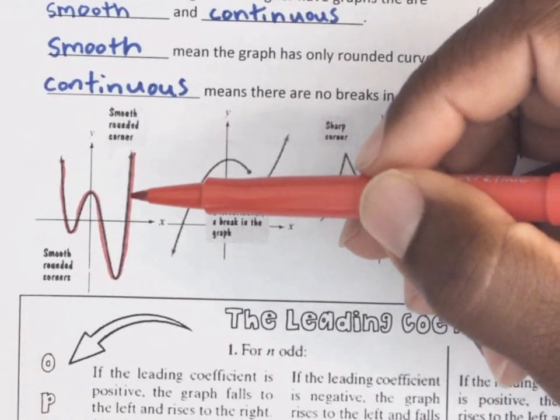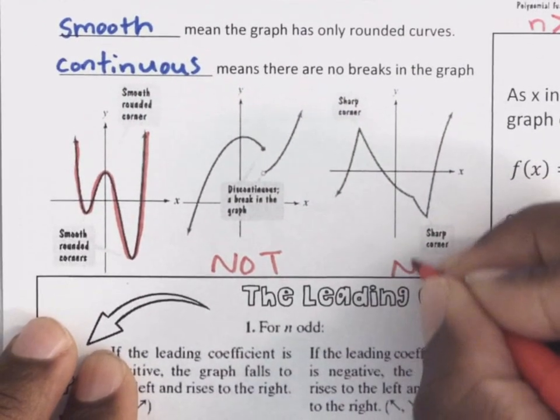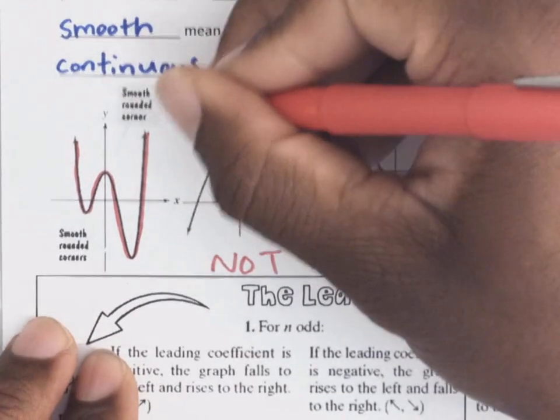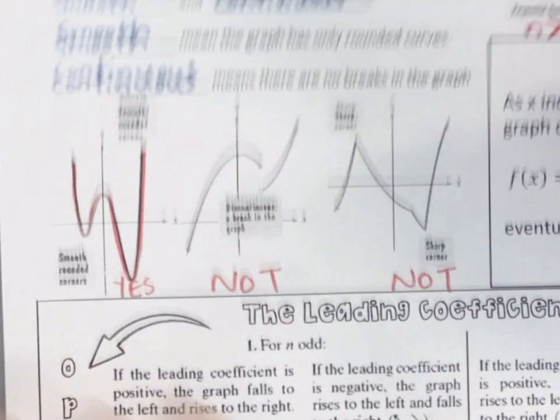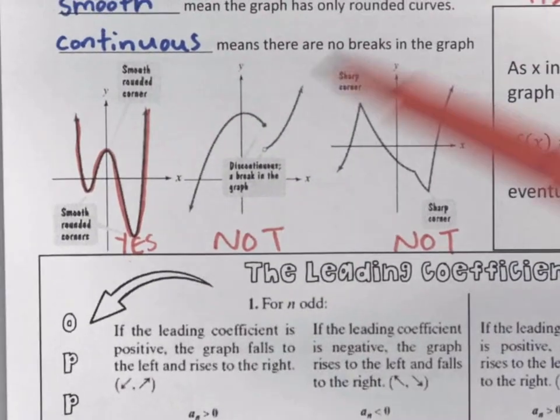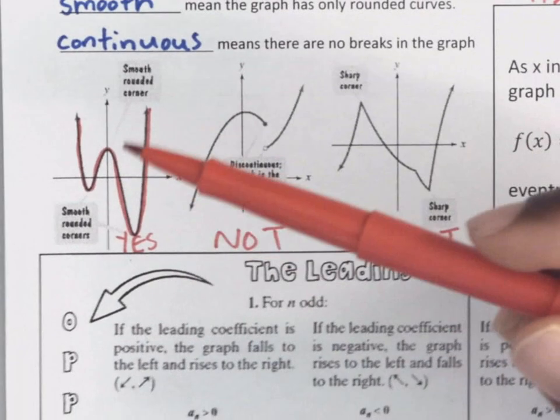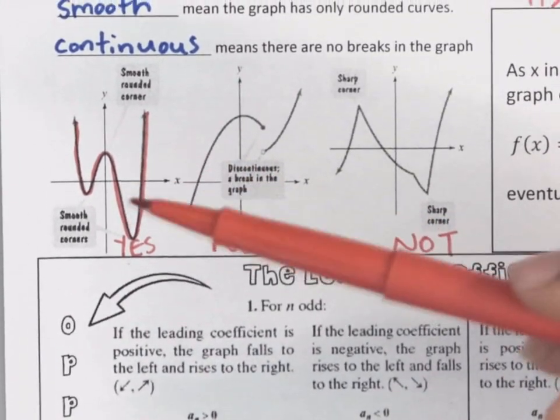I don't have to stop and go somewhere else. So these would not be polynomial functions. This one would be a polynomial function. Smooth and continuous. Those are the 2 key features. When we have this, we can find some key things about it, and there are some consistencies we'll identify.